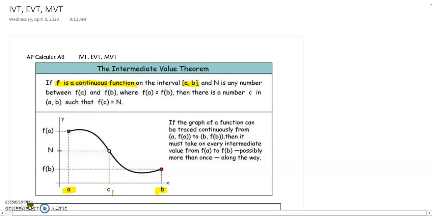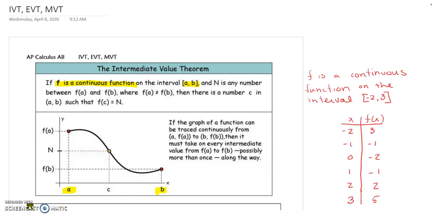The College Board can ask you, can this value occur? And they can also say, well, now that we know that it can, where does it occur? So I have written a really brief question off to the side that can come up, where it says f is a continuous function on the interval -2 to 3.